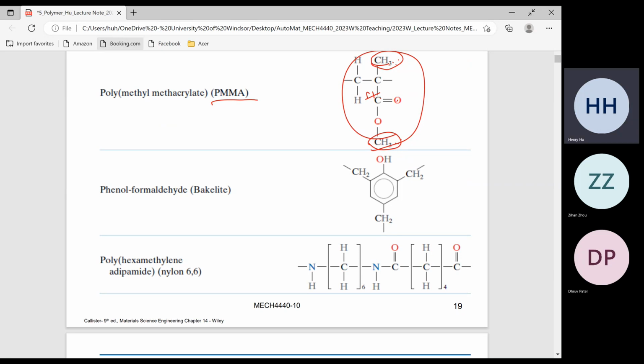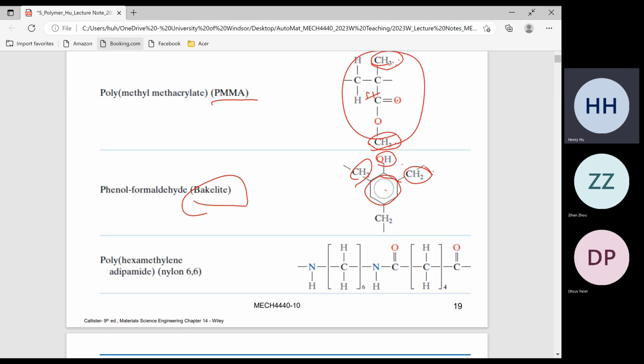And then phenol formaldehyde, in short form Bakelite. In Bakelite, the repeat unit has a ring structure connected to a whole bunch of other subgroups, with 1 carbon and 2 hydrogens, and with oxygen and hydrogen.